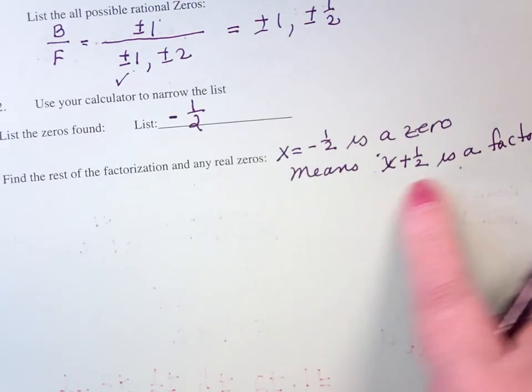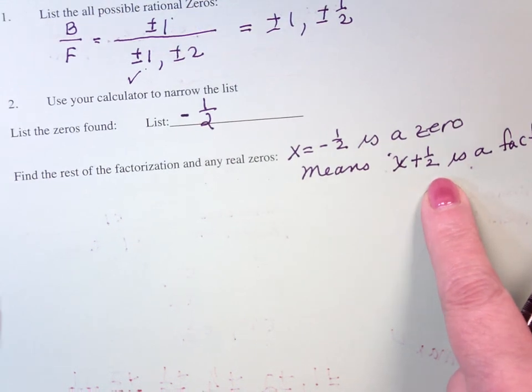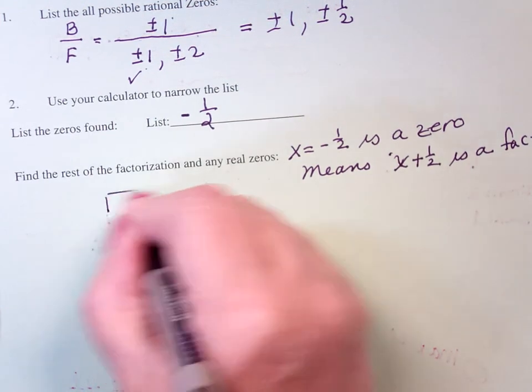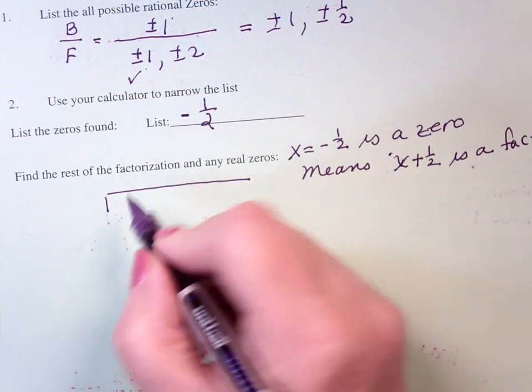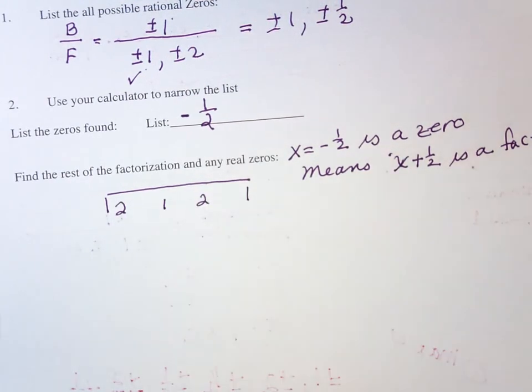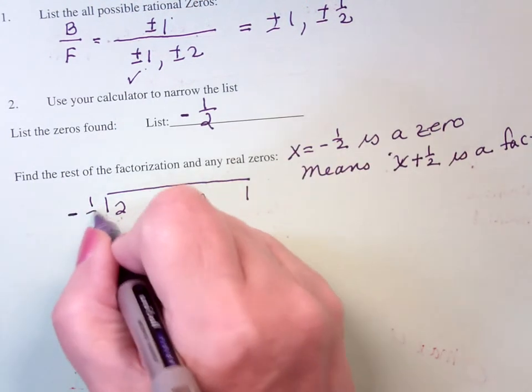Now, if x plus 1/2 is a factor, I can use division to divide out x plus 1/2. But I can use synthetic division, which is quick. 2, 1, 2, 1. Make sure my signs are in there. I'm going to divide by negative 1/2.